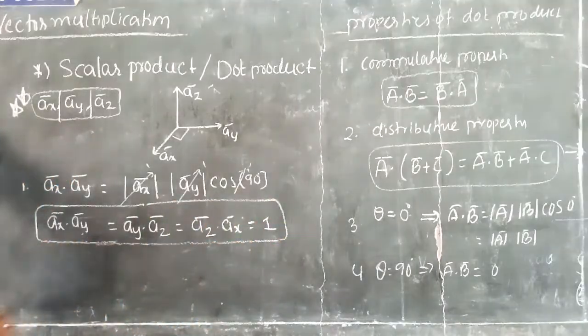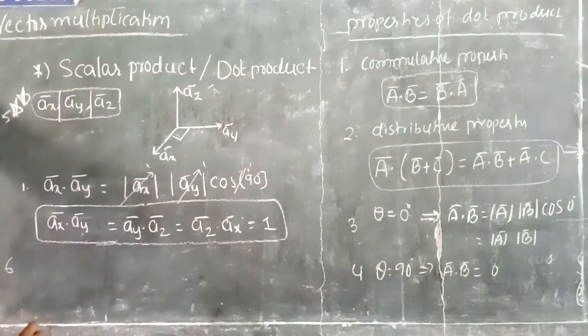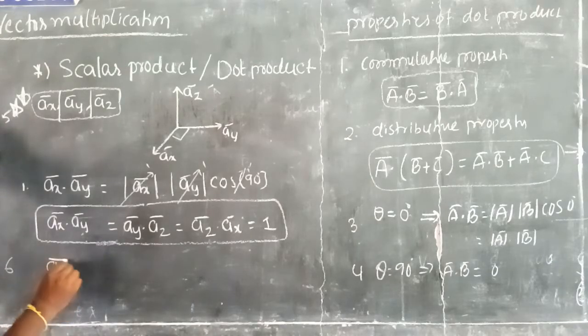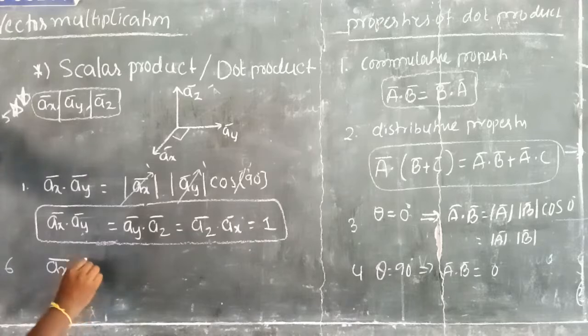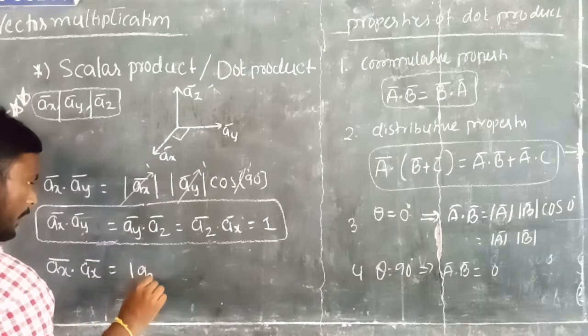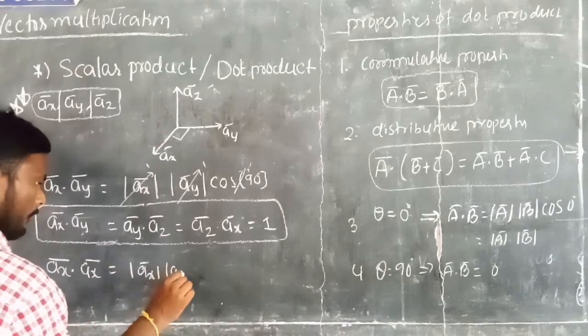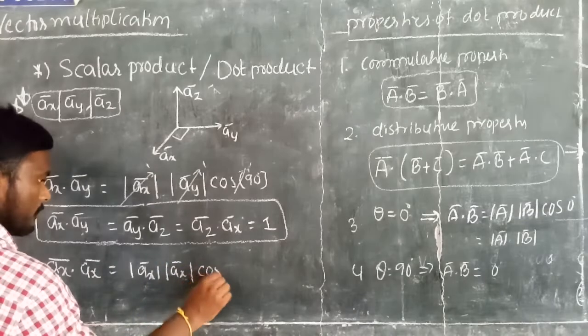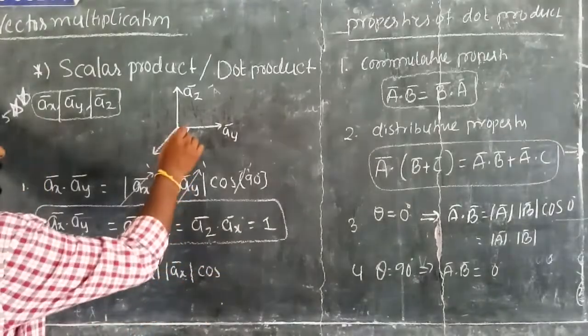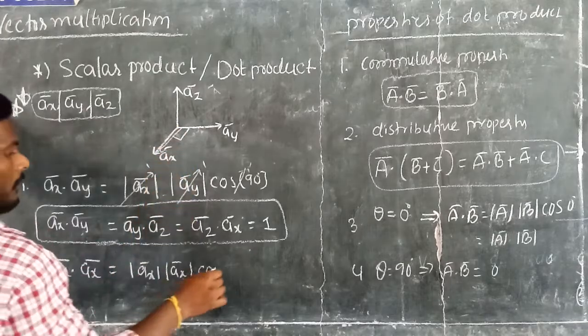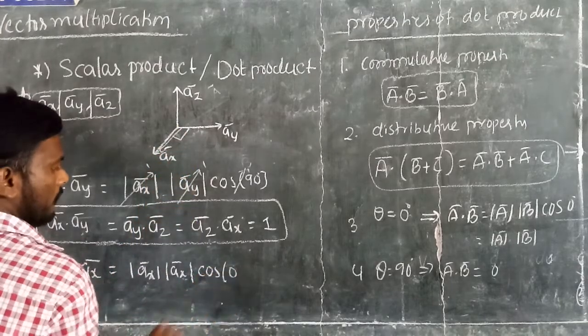Now property number 5: if you calculate the dot product between the same unit vectors, Ax bar and Ax bar, it equals magnitude of Ax bar into magnitude of Ax bar into cos of the angle between them. For same unit vectors, meaning another vector in the same direction, what is the angle between them? It is 0.